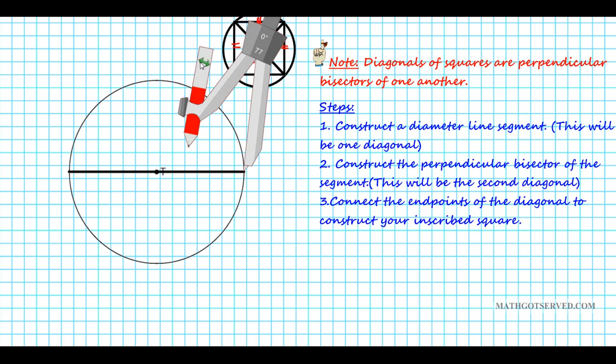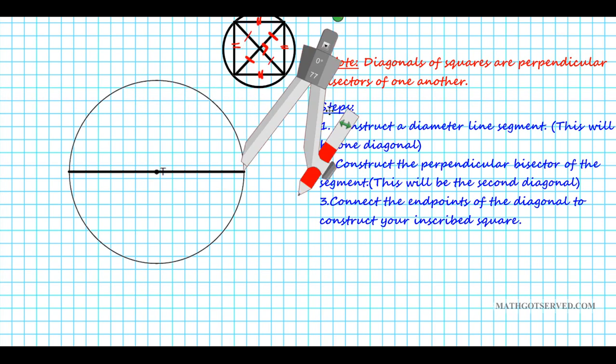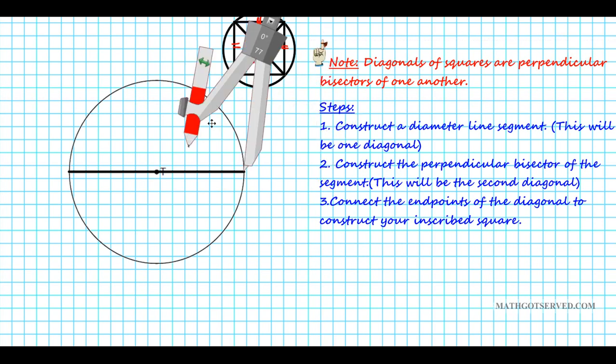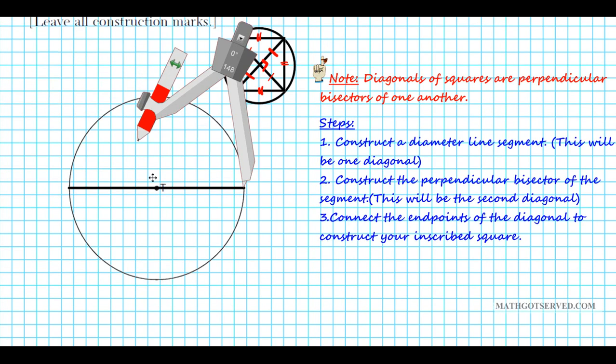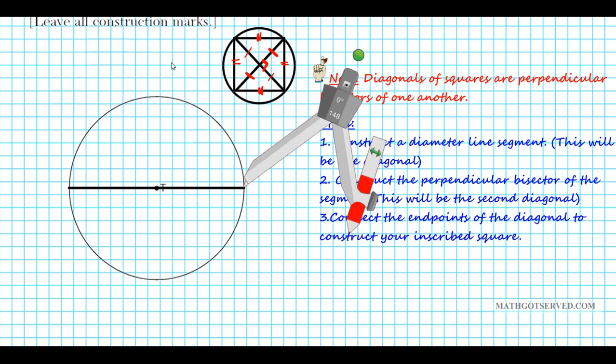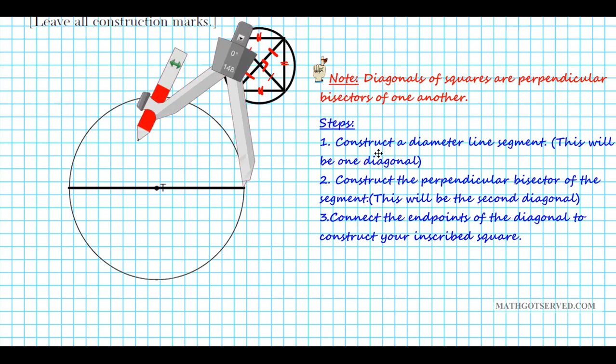So I'm going to extend my compass in such a way that the arc goes across where I anticipate my second diagonal to be. So I expect my second diagonal, or the perpendicular bisector, to be somewhere here. So make sure that your compass is extended beyond that measure, okay?